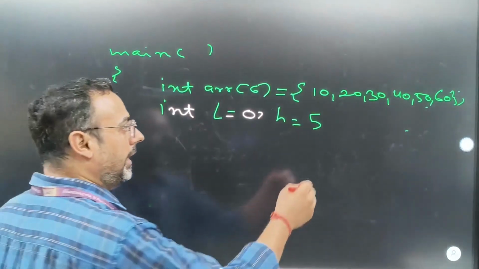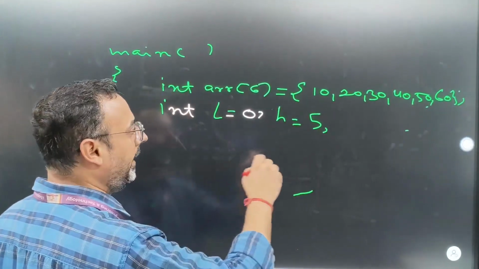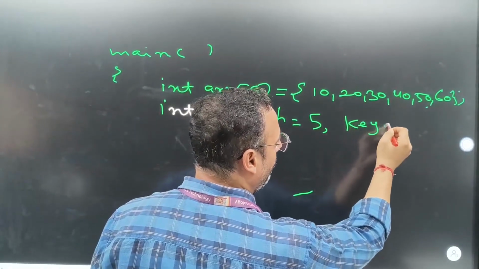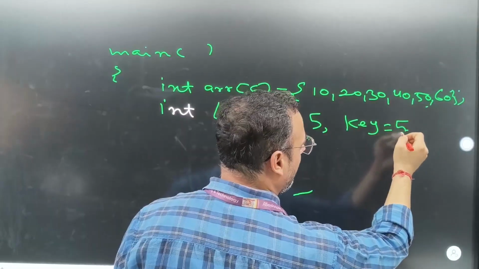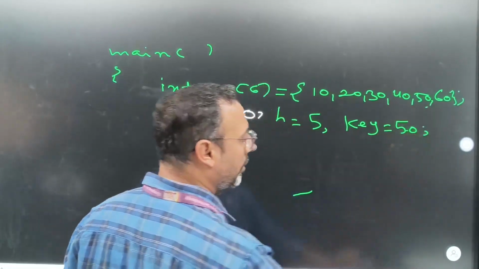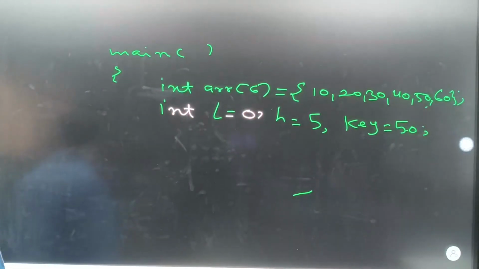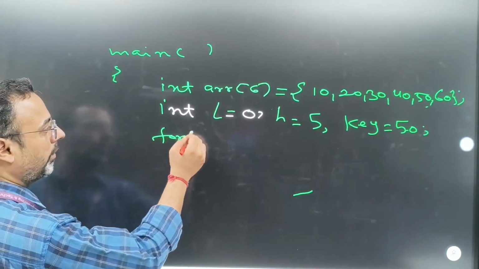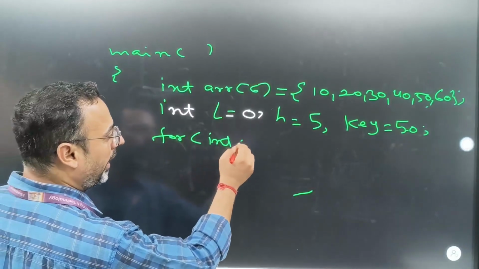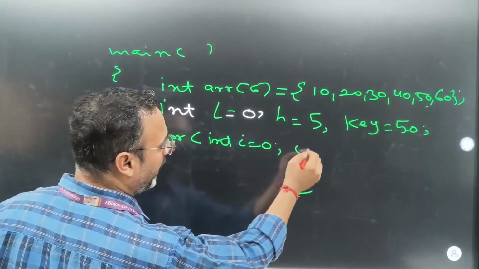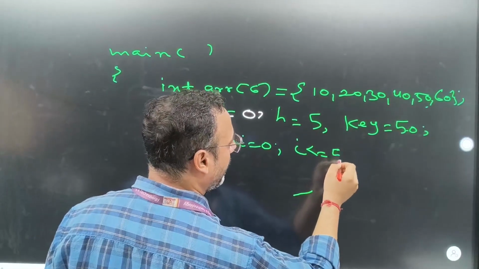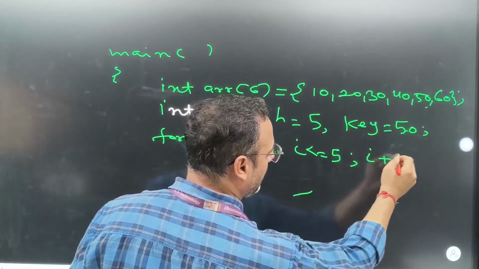Okay, so next, after low and high, we require the key value which we want to find in the array. So for the key value maybe we can consider 50. After that, firstly we start with the loop, int i is equal to 0, i less than or equal to 6, or 5, and i plus plus.